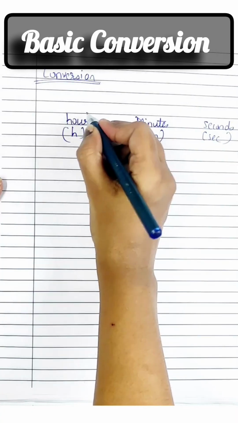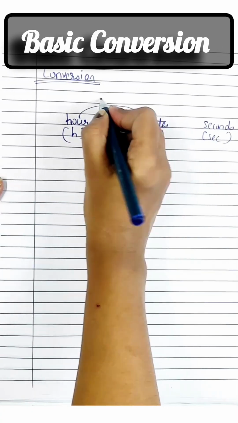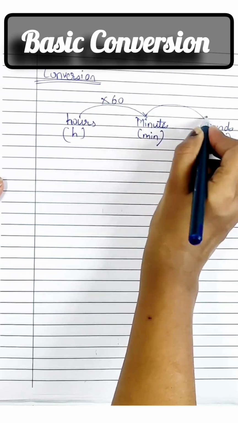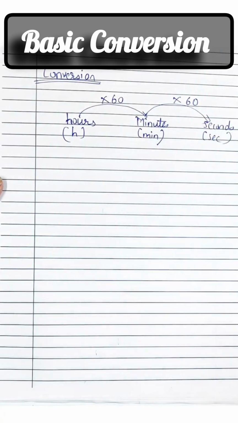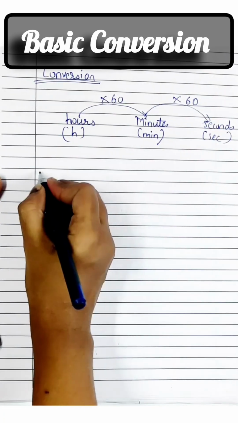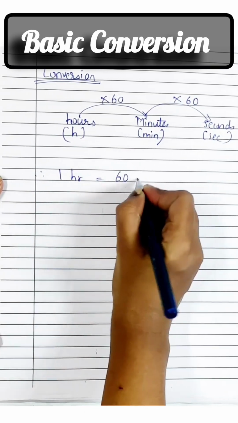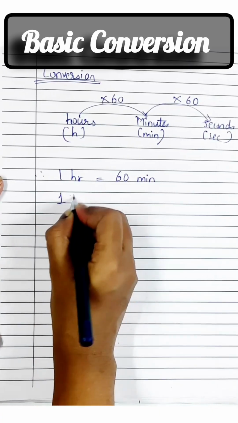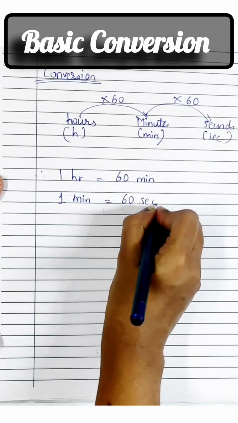So if you want to convert hours into minutes, you have to multiply with 60, and if you want to convert minutes into seconds, you have to multiply again with 60. Okay, that means 1 hour is equal to 60 minutes. 1 minute is equal to 60 seconds.